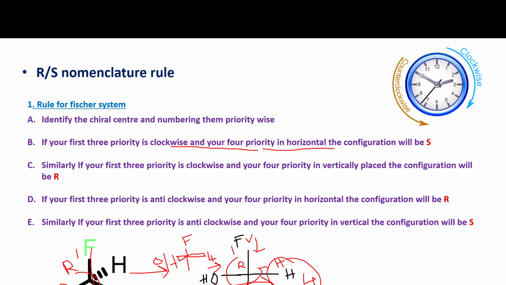Now we can identify whether the chiral center is R or S even in the Fischer condition, and we can check whether the molecule we drew from the wedge bond to Fischer is right or wrong.